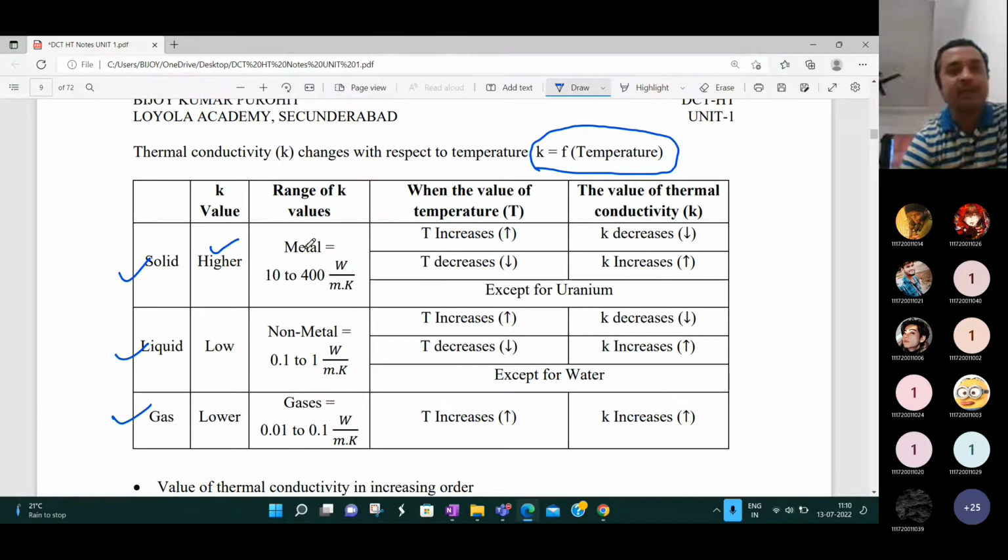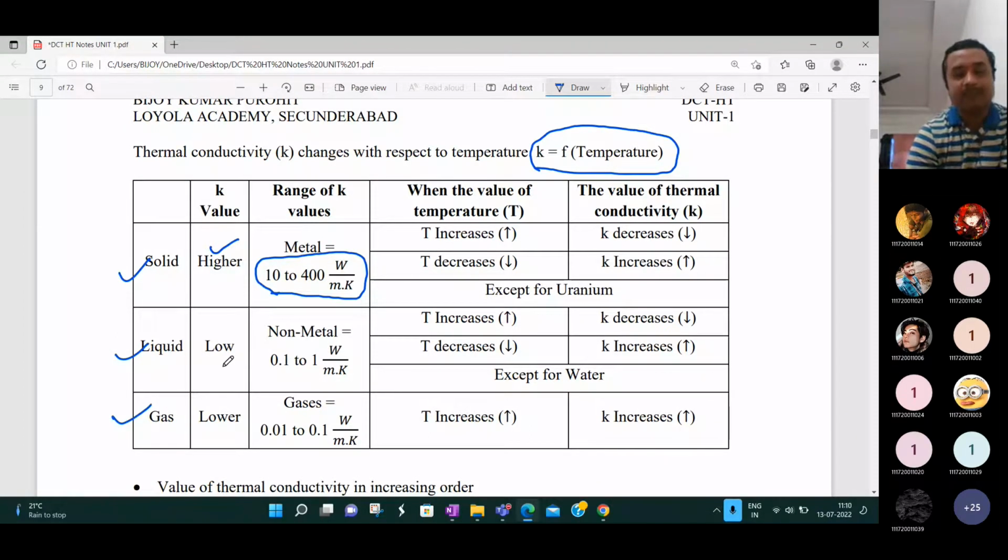For metals, it will be in the range of 10 to 400 watt per meter Kelvin. Please remember this range. In most interviews or competitive exams, they will have this type of question. For solids, the conductivity is generally higher compared to liquids and gases.